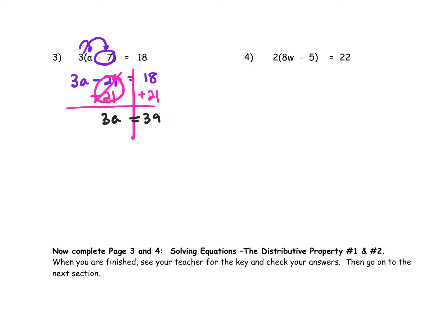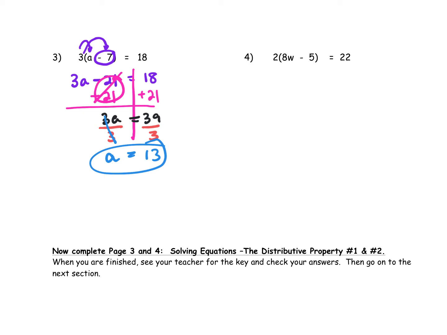Now we have 3 and a being side by side, which means multiply, so we're going to do the opposite. We're going to divide by 3 on both sides, and our final answer would be a equals 13. That's our solution.